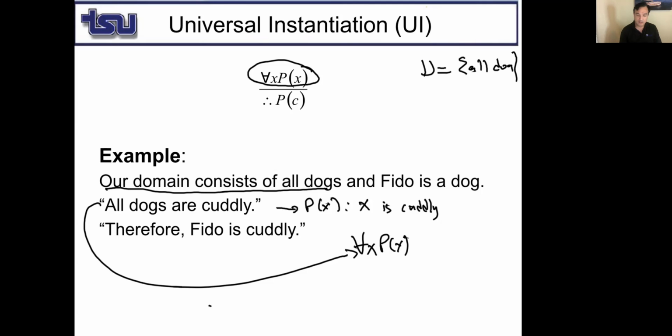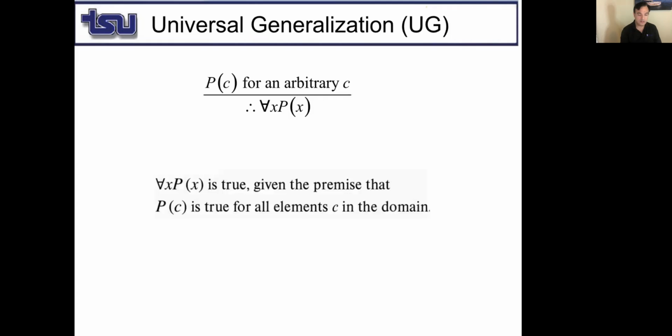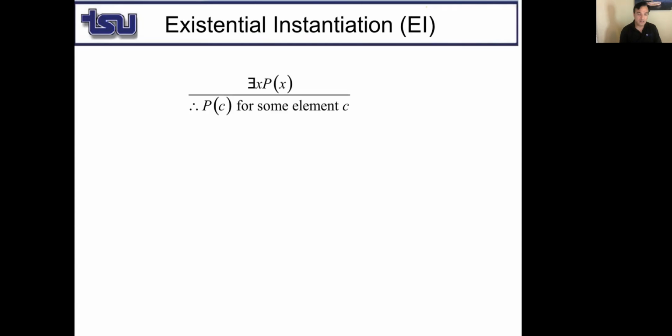And if all dogs are cuddly and Fido is c, which is an element in the domain, therefore Fido must be cuddly. And this is obvious. If P is true for any c in the domain, it's equivalent to saying that for every x, P(x). And for some x, P(x) is true means there is some element c for which P is true.